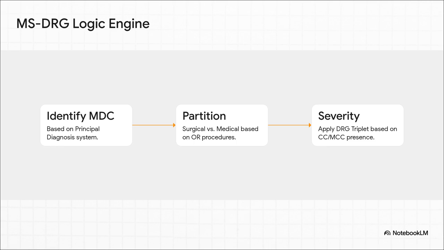Step 2, it determines the partition. It basically asks, hey, was a significant operating room procedure performed here? This splits the case into either a surgical or medical partition. And finally, Step 3, it applies the DRG triplet severity based on those secondary diagnoses. Does the patient have an MCC, a standard CC, or neither? Each of these steps refines the category until we hit the exact payment weight.